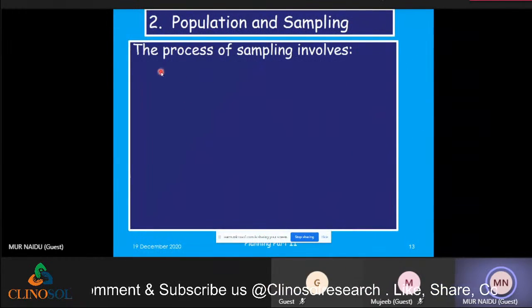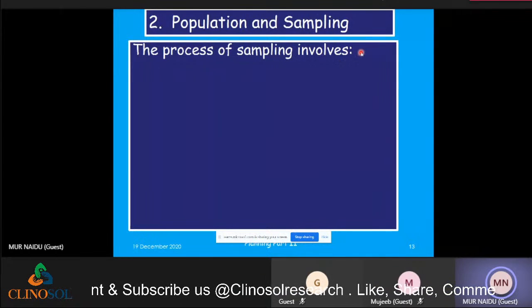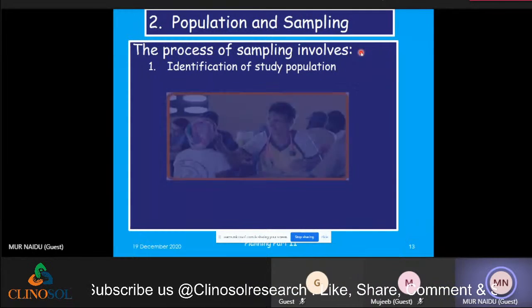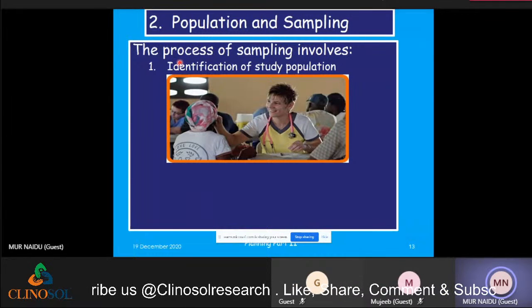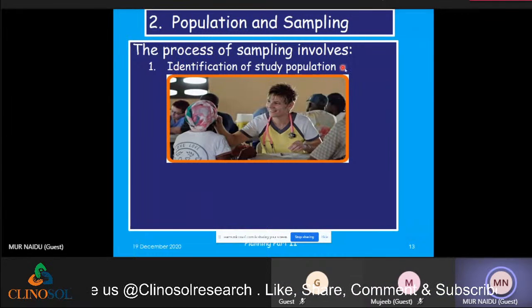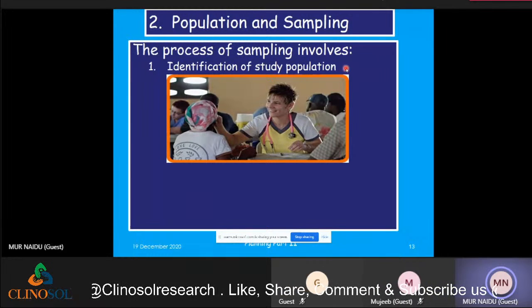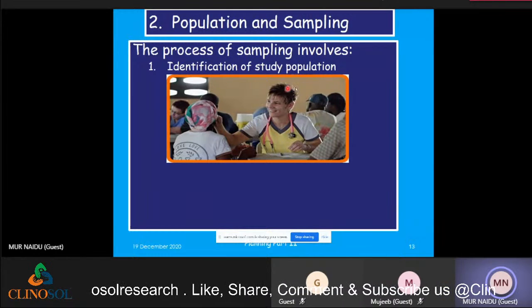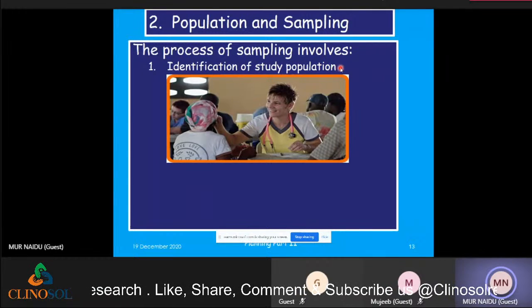Now coming to the process of sampling, how do you sample an individual into a clinical trial? First, the most important thing is that you have to correctly identify the study population. You want to do the study in a particular disease, you should know where you can get this particular type of population to come to your study.